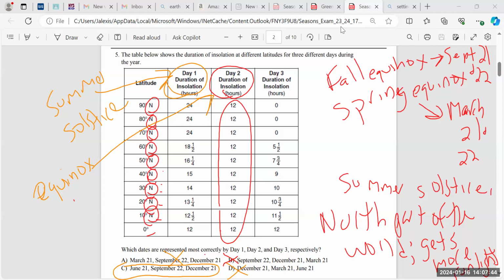And honestly, that also makes sense because during day 3, look at all the daylight hours for all of them. Now it's less daylight hours, right? And as we in New York, we know during the winter we get less daylight hours. So it's clear that day 3 shows the winter solstice. So your correct answer is choice C.